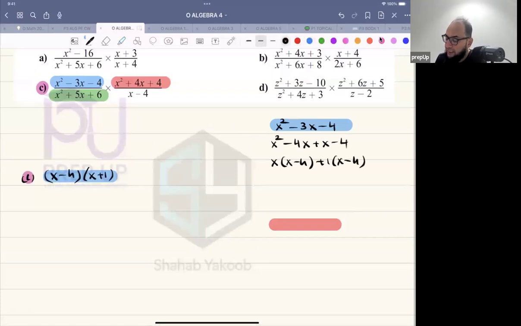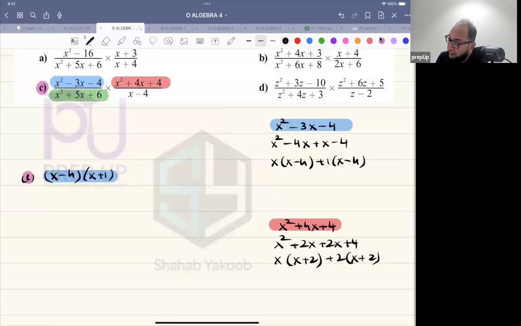The next one is the red one, that is x square plus 4x plus 4, which I know from my experience is x plus 2 whole square, but still I have to show the working. X square plus 2x plus 2x plus 4, which is x bracket x plus 2 plus 2 bracket x plus 2. This is x plus 2 whole square. So this is x plus 2 whole square, and let me use an orange reddish marker over here.